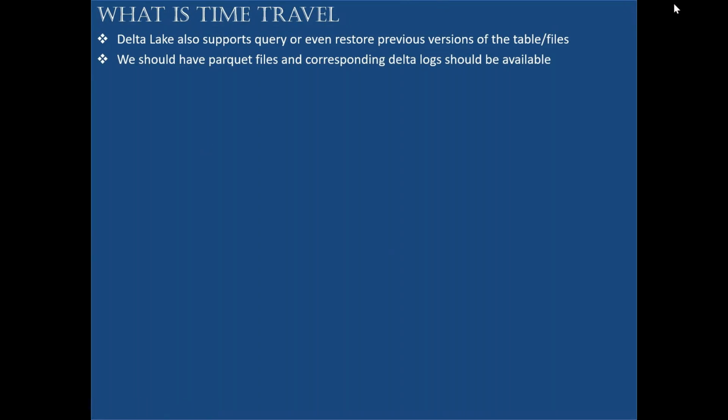For example, when you create a table and insert the records, two things happen in Delta: logs are created, and parquet files are created. So in order to query or restore previous versions of the data, both the parquet data and the corresponding logs should be available.